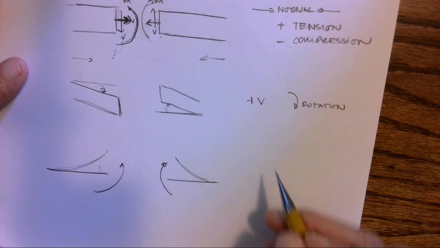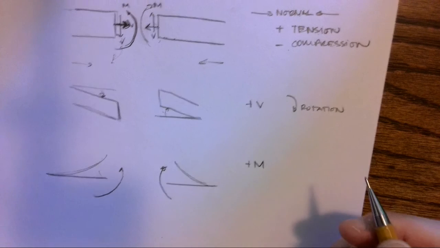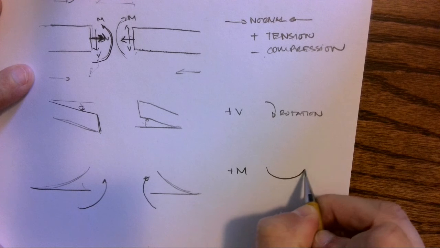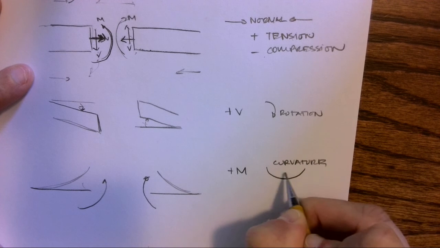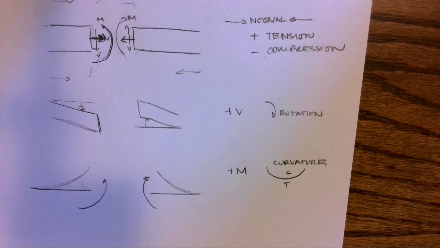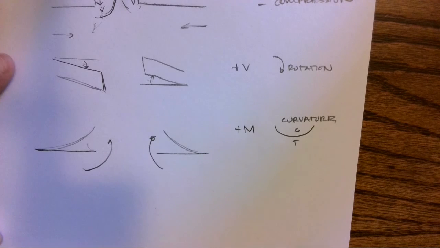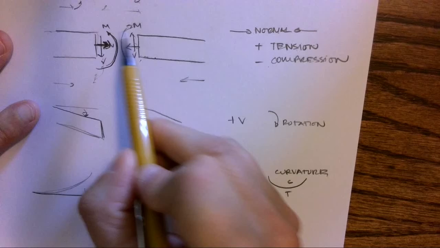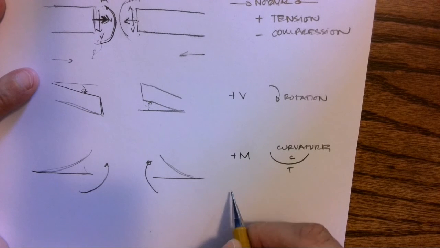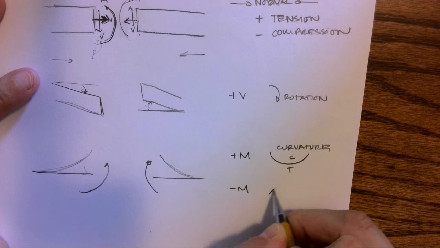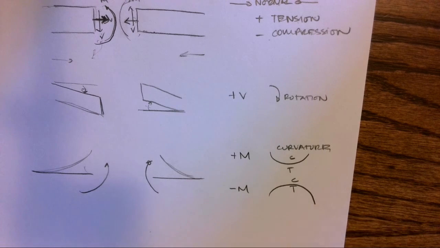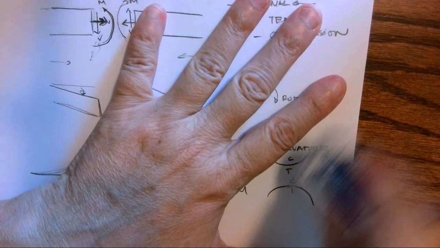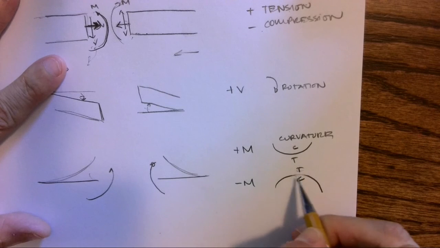So when we have a positive moment, then our curvature is going to look something like this, and we know we have compression fibers top and tension bottom. If I have negative moment, so if this were going down, then my curvature is going to be a rainbow or an unhappy face. Whatever you want to call it.